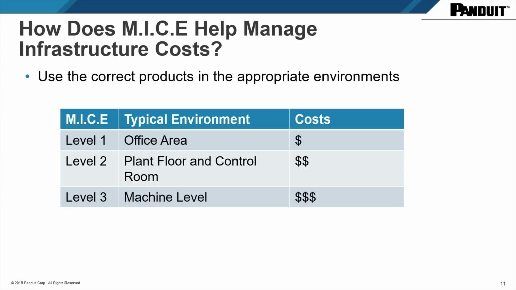Okay, what does it all mean? We try to apply the M.I.C.E guideline everywhere possible in an industrial space to give us the best protection for our cables and connectors. And we have to be cognizant of these costs. So if, for instance, a certain solution is very expensive to apply in a certain area, we will try to find out, are there mitigations that we need to apply to protect that device at the edge point.